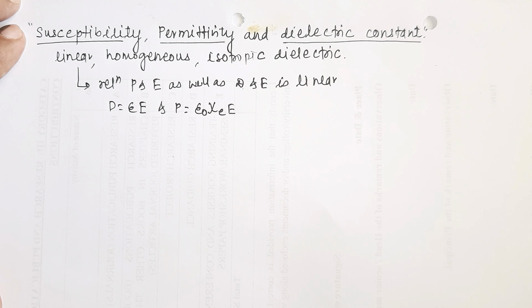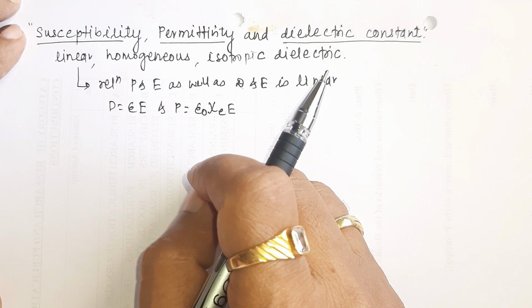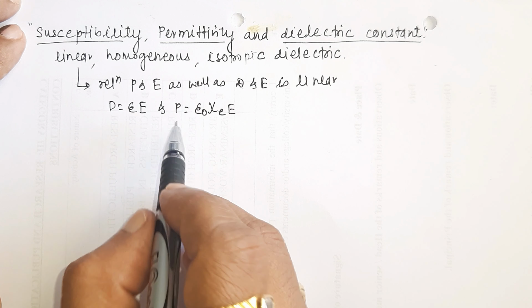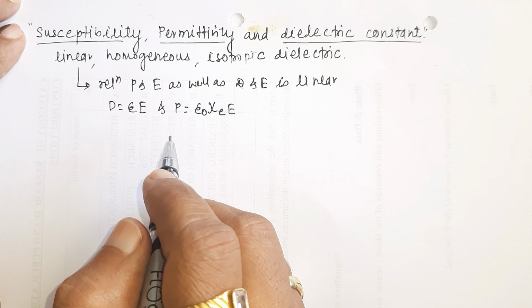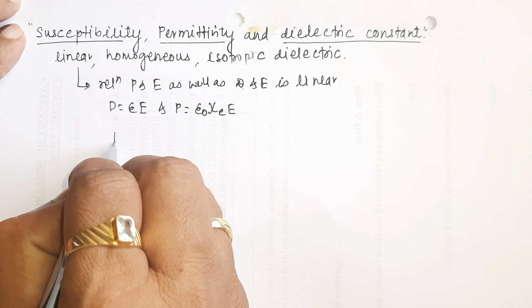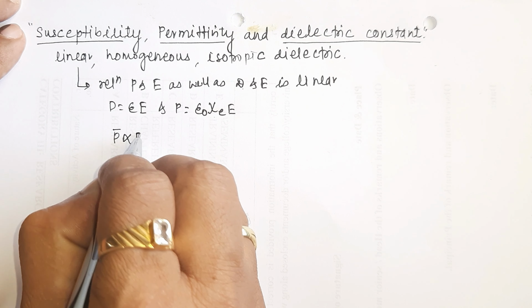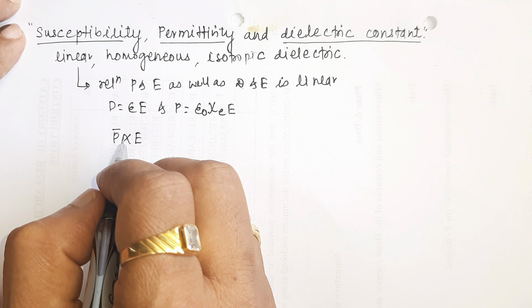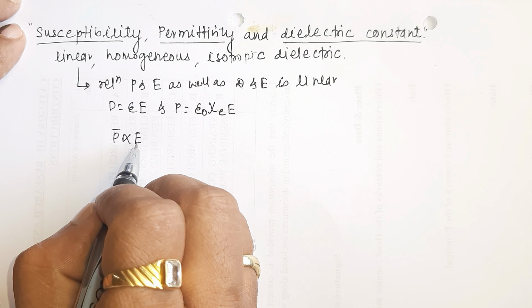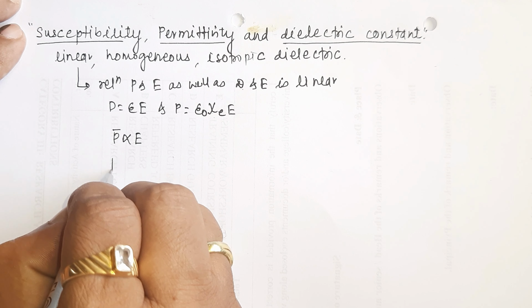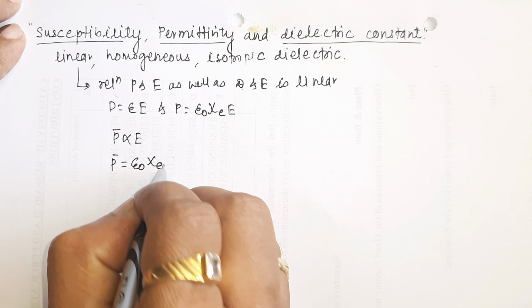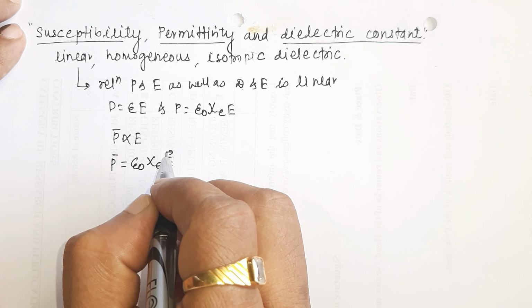As mentioned earlier, in a homogeneous dielectric, the polarization produced is directly proportional to the total electric field. So this polarization P bar is directly proportional to the electric field E, such that we can write P bar is equal to epsilon naught chi E into E bar.